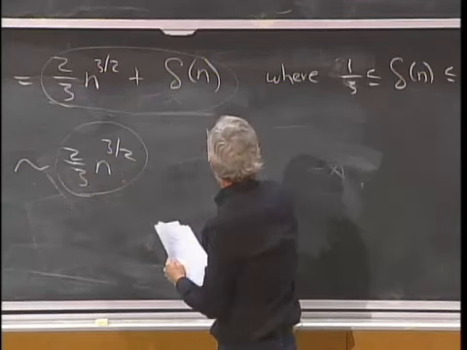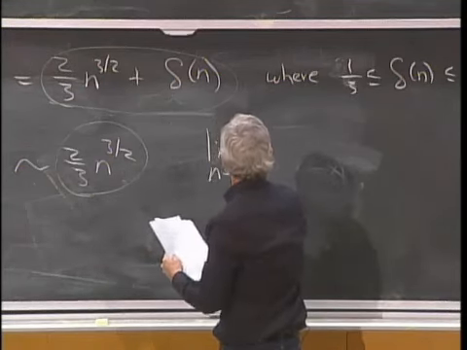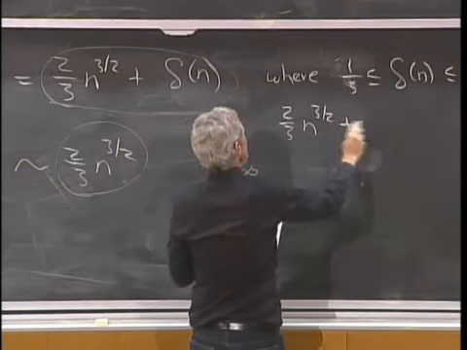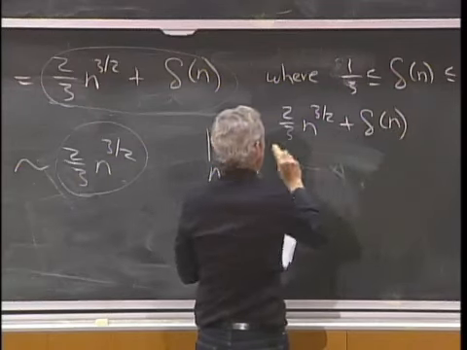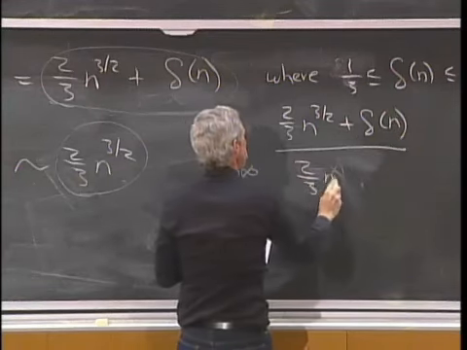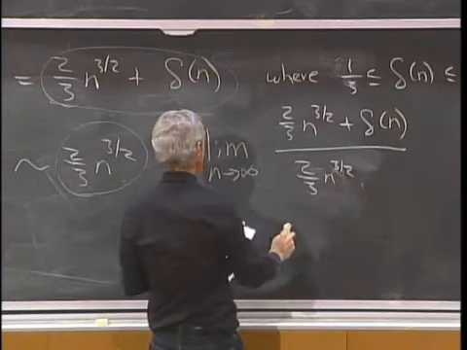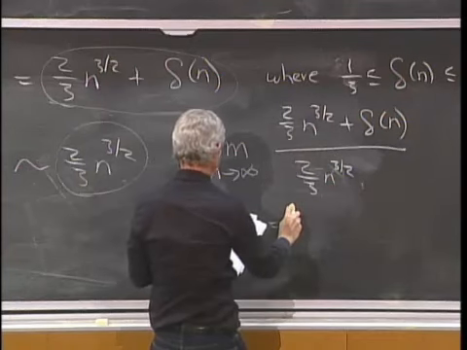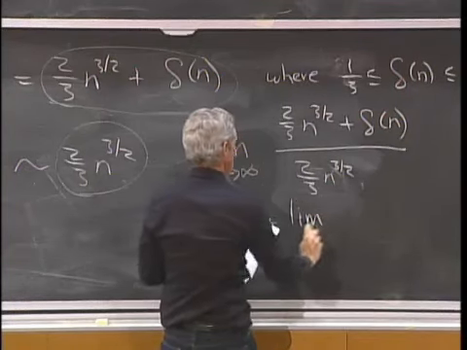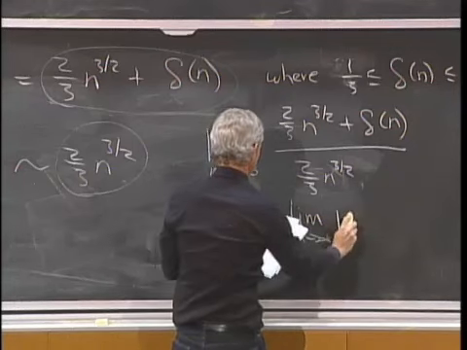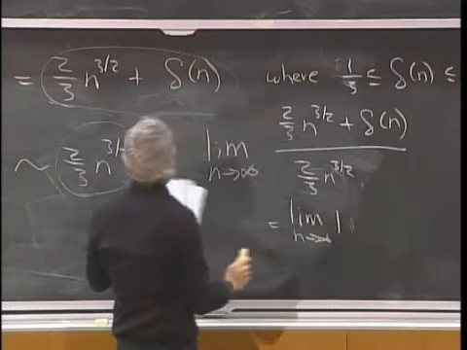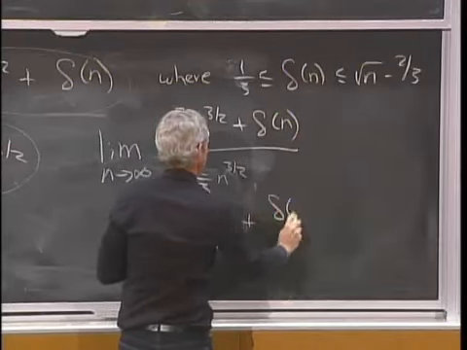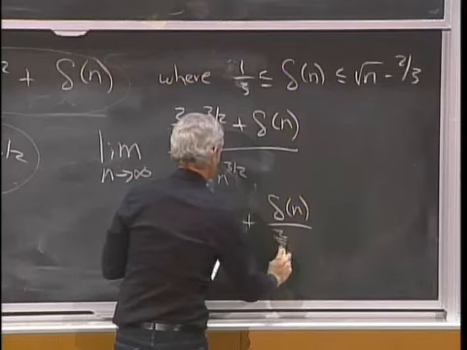So let's check that. The limit as n goes to infinity of 2/3 n to the 3/2 plus that delta term over 2/3 n to the 3/2. Well, divide out by 2/3 n to the 3/2, I get a 1 plus delta n over 2/3 n to the 3/2.